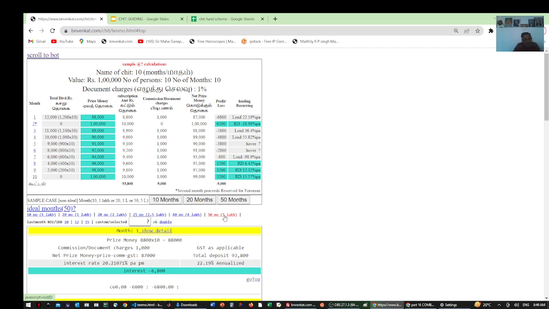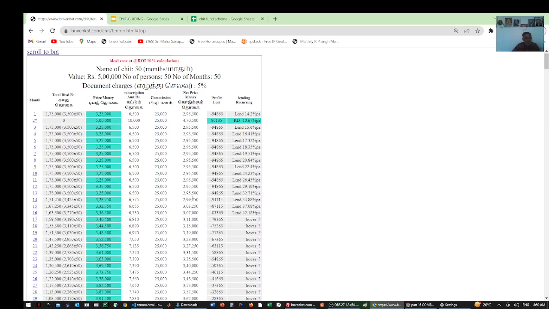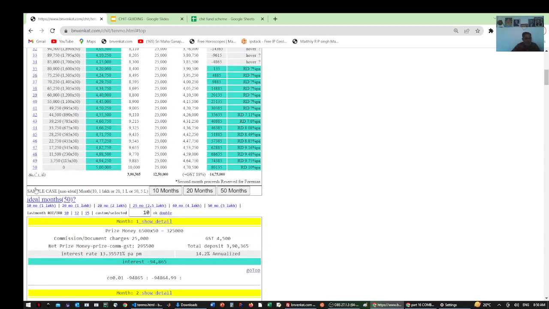It will calculate the table of dividends for all the 50 months, and this will be taking controlling IRR as 10%. But let us have this for the auction chit. We can have a minimum of 5%.